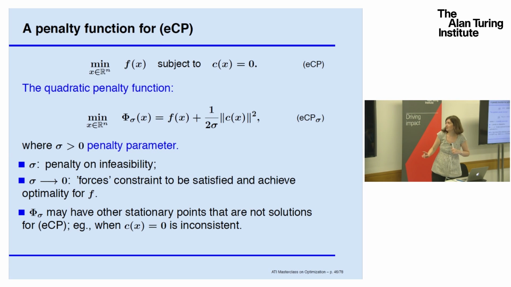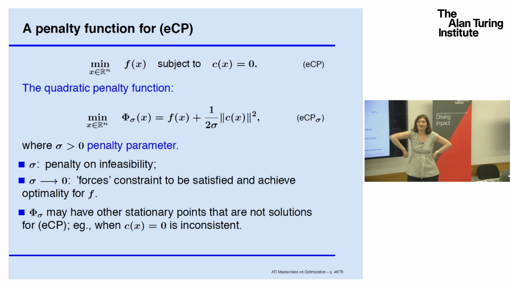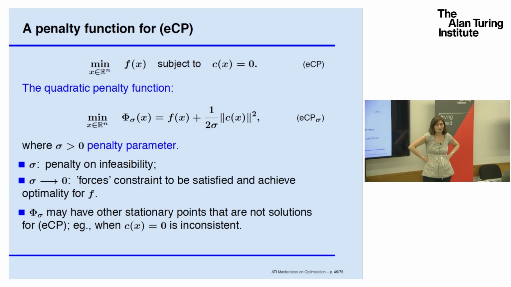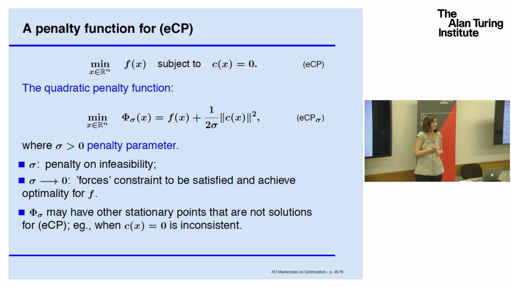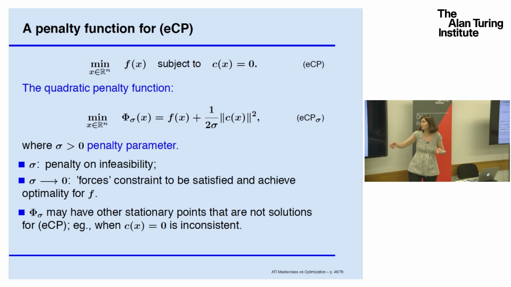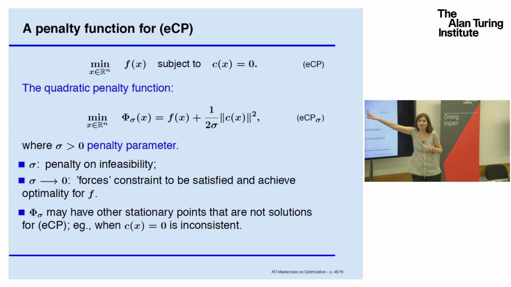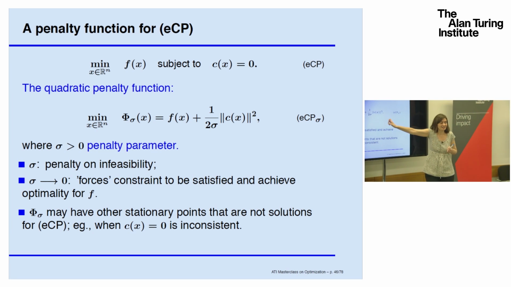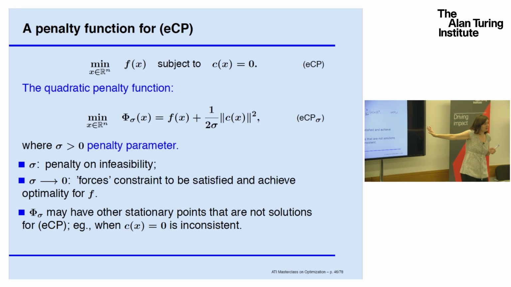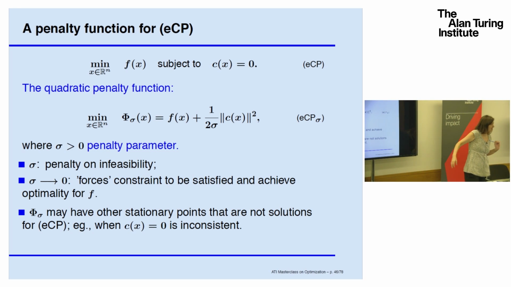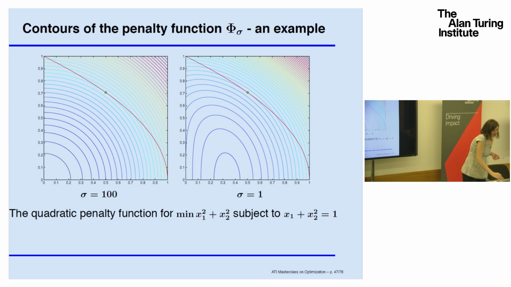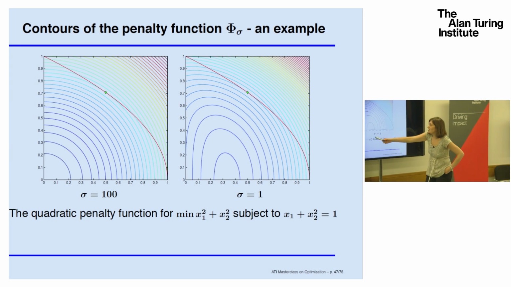Okay, before we go on, why have I squared here? Yeah, to make it smooth. If I didn't have this here, this function would no longer be smooth, right? So in quadratic penalty, we square it to get a smooth function so that I can use derivatives and so on. Right, so sigma equals 100.